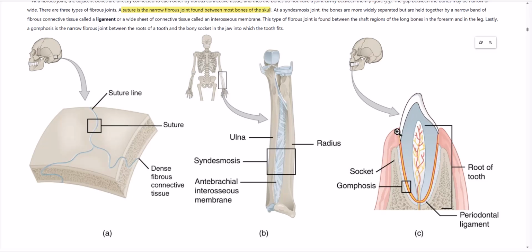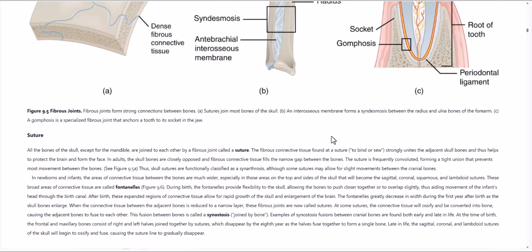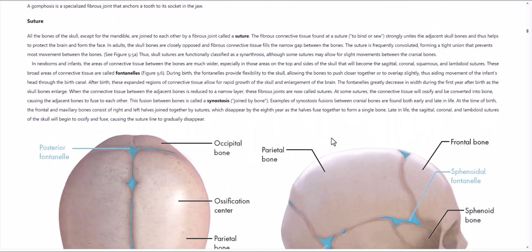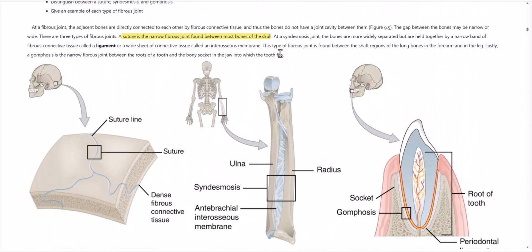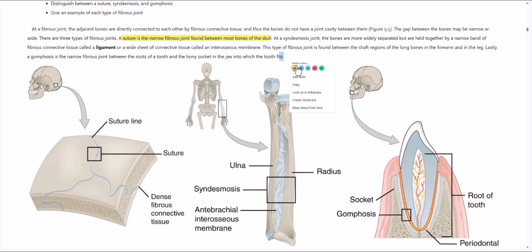Essentially, a tooth is a bone-like structure, and it's sitting in a space. That space that the tooth sits in is called the alveolus. You're going to see that word alveolus a few times, so I'm going to drop it right here.